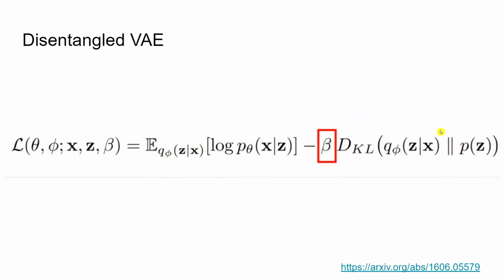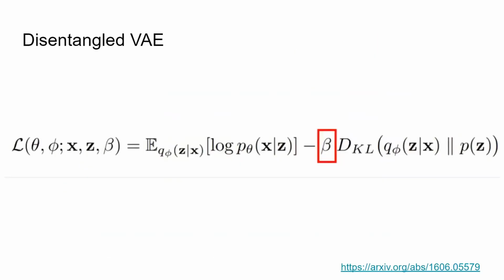You want to match the probability distribution to the normal distribution, the Gaussian distribution. This is just the reconstruction loss. So they add this hyperparameter beta into the KL divergence loss, and it controls how much the KL divergence loss contributes to the total loss of the variational autoencoder.